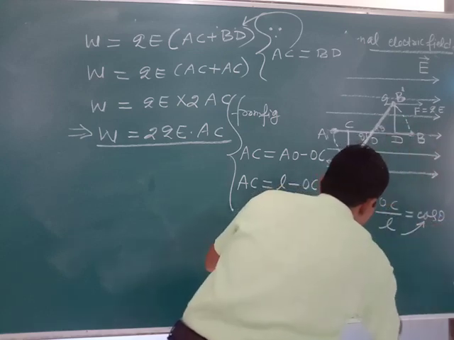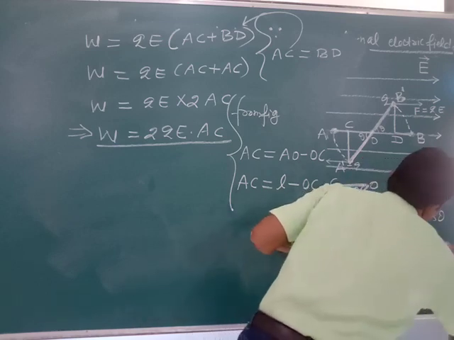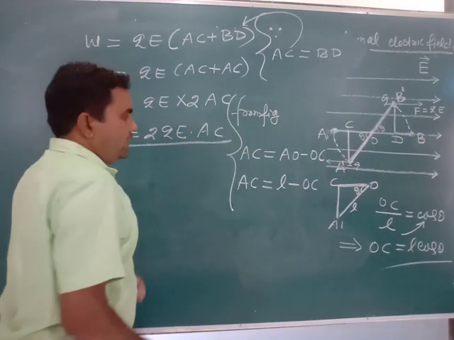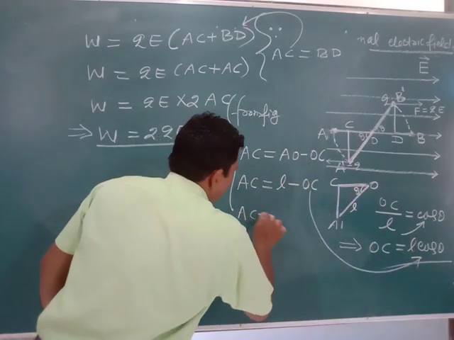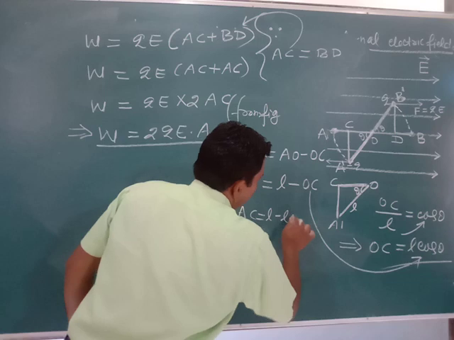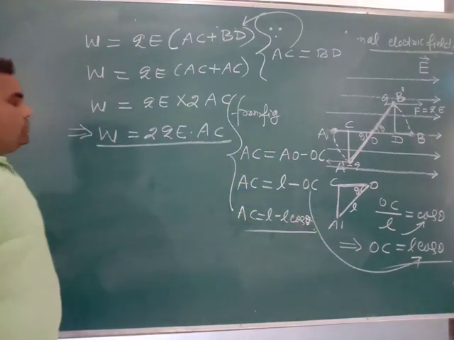So OC is equal to L cos theta. Then AC is equal to L minus L cos theta.